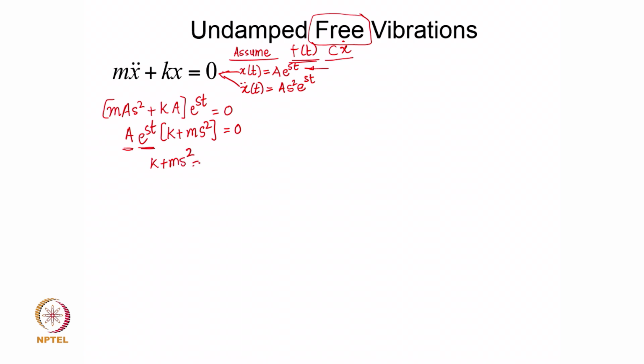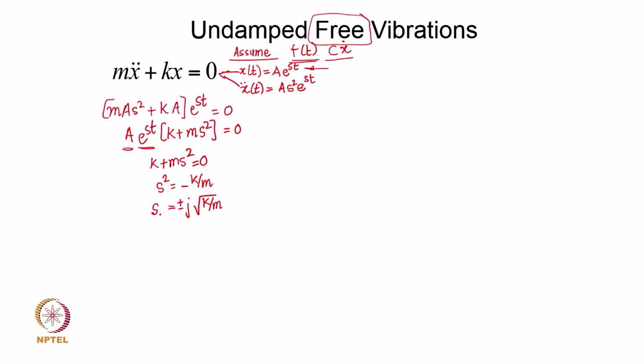Now, if that is the case, then s square I can write as minus k over m, and therefore, s is going to take j square root of k over m because this is a negative quantity. Of course, I will have two possible signs here, because if I square it I will get this equation.